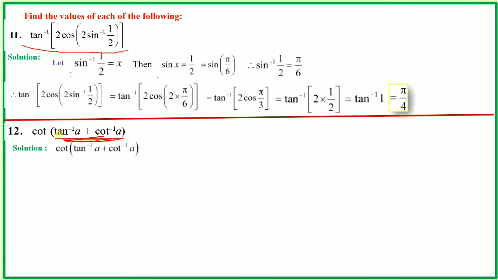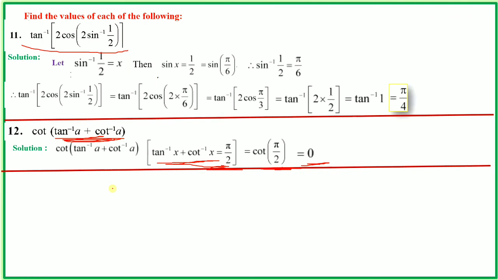In the same way, tan inverse A plus cot inverse A will be equal to pi by 2. Since tan inverse x plus cot inverse x is equal to pi by 2, therefore cot pi by 2. Since tan pi by 2 is undefined, cot pi by 2 will be 0. That's all about this question.